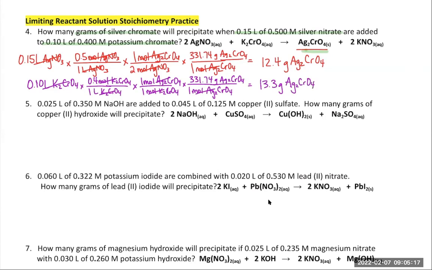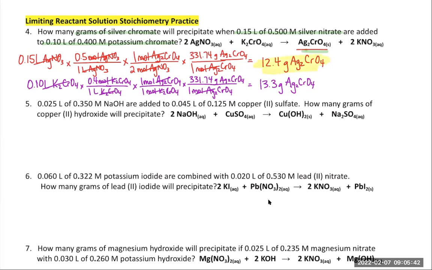Now remember, when I'm trying to decide how much product I will actually make, I can only make the smaller amount, because once that reactant runs out, once that reactant produces that amount, the reaction would stop. So I'm going to be limited to making only 12.4 grams of silver chromate.